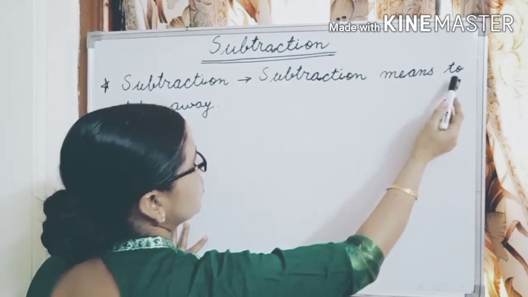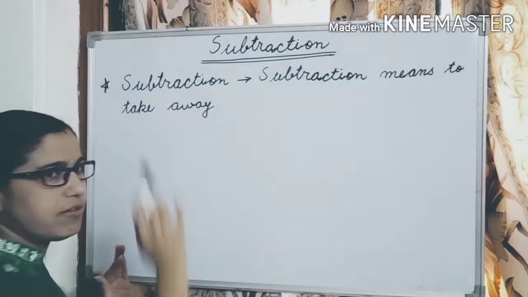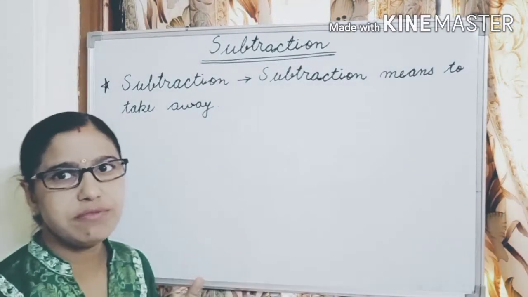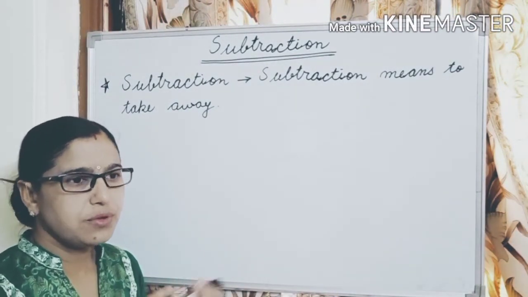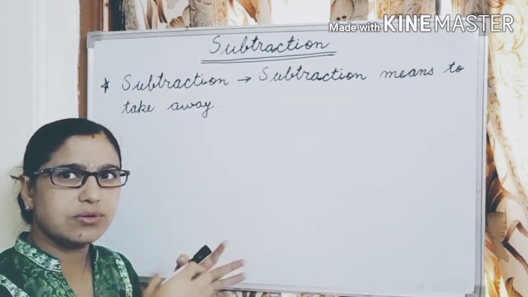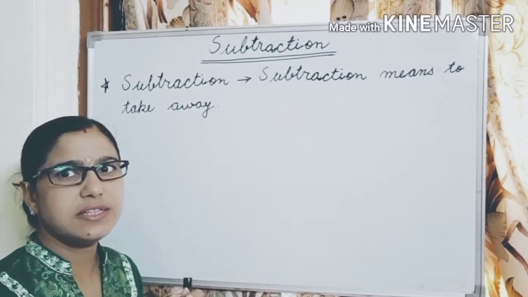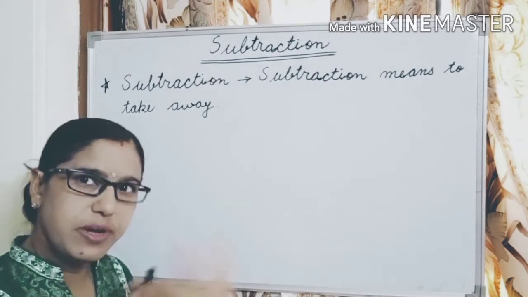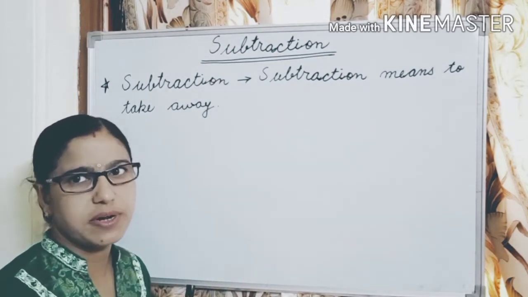Subtraction means to take away. It means you have something with you and from that you have to take out something. Then the left part is called the answer. That is subtraction. This complete process is called subtraction.